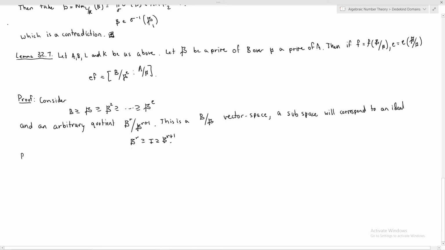By unique factorization of ideals, and this might be overkill, but it certainly does the job, because if I is contained in P to the R, then P to the R divides I, and if I contains P to the R plus 1, then I divides P to the R plus 1, and there's only 2 choices then.